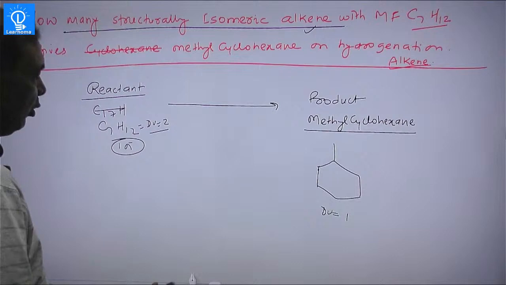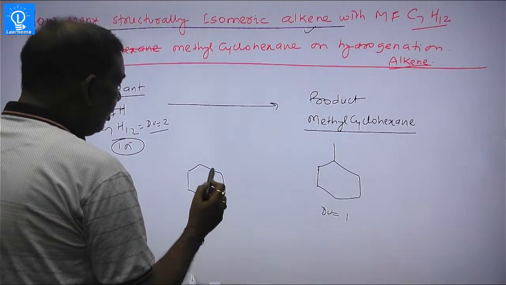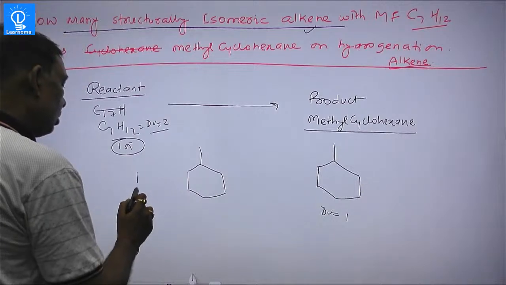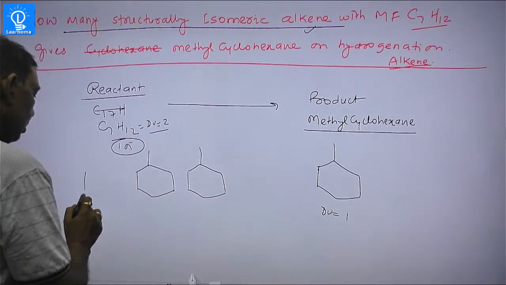Now we have to arrange the alkene. We have to arrange the pi bond on this skeleton. See this.